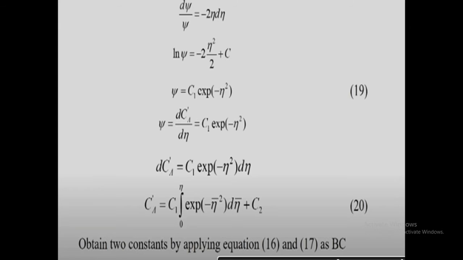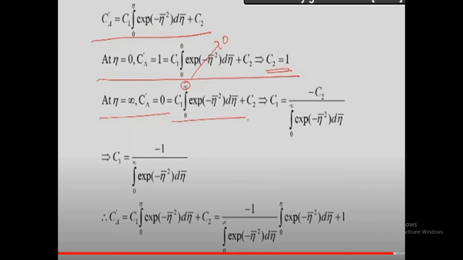Obtain the two constants by applying equations 16 and 17 as boundary conditions. CA dash is equal to c1 into integration of 0 to eta exponential of minus eta squared d eta plus c2. Two boundary conditions. One is eta is equal to 0, CA dash is equal to 1. So substitute in this equation, CA dash is equal to 1, eta is equal to 0, the eta terms are cancelled.